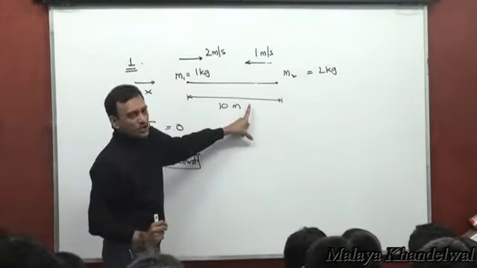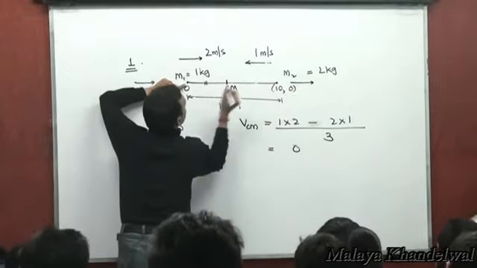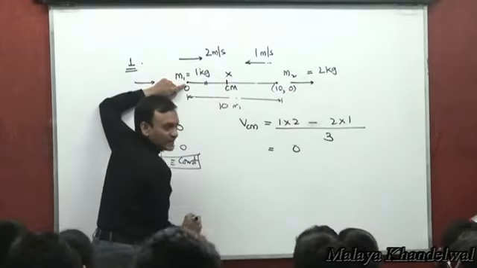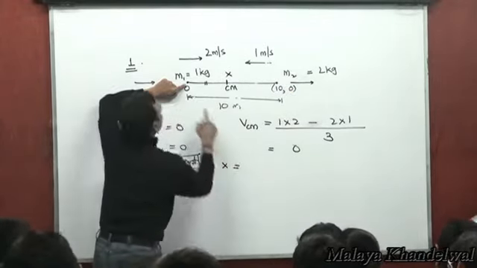And where would the center of mass be? At what distance? I did this calculation in the last class. If there are two masses, let's say this is the origin, this is 10 comma 0. The center of mass is at x, and x would be m1 into 0 plus m2 into 10, divided by m1 plus m2.